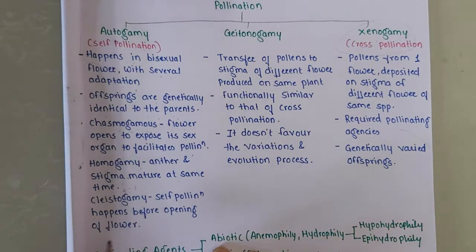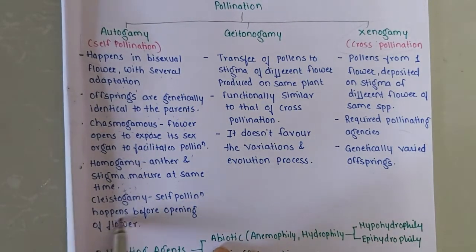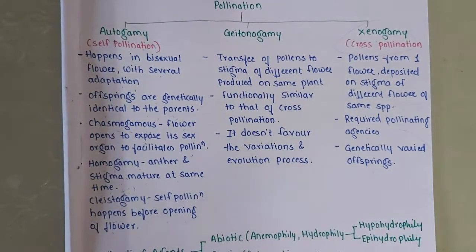Next is cleistogamy. Self pollination happens before the opening of the flower. If self pollination is happening before the opening of the flower, it is known as cleistogamy.